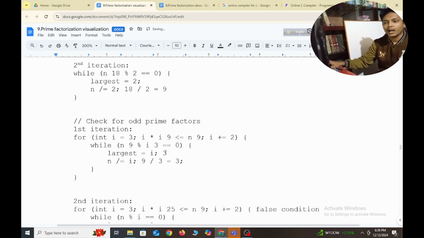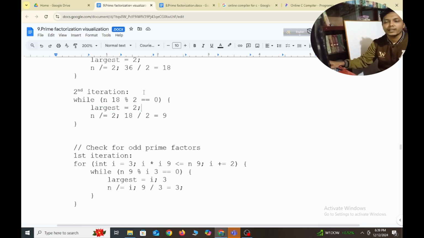So largest will be i. So here our largest was 2, okay? Because we didn't increase the value here, guys. We just considered 2 only, okay? But here we will increase the value, right? So this is why we are considering largest equals i. So 3 is here. So n equals n divided by i. So 9 divided by 3 is 3, right?